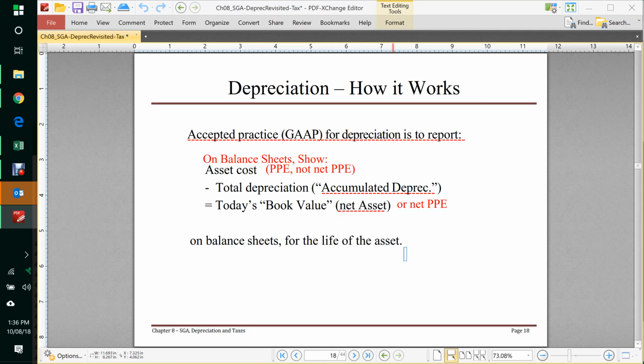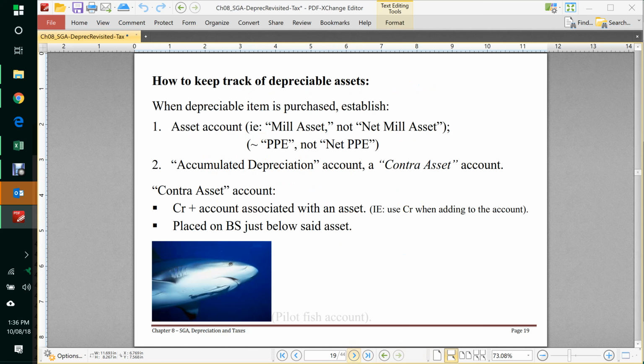All right, so we do this on balance sheets for the life of the asset. And here's how we keep track of this in the GAAP method. When a depreciable item is purchased, we're going to establish the asset account, something like mill asset, not net mill asset, something like PPE, not net PPE. And we're also going to establish an accumulated depreciation account, called by accountants a contra asset account.